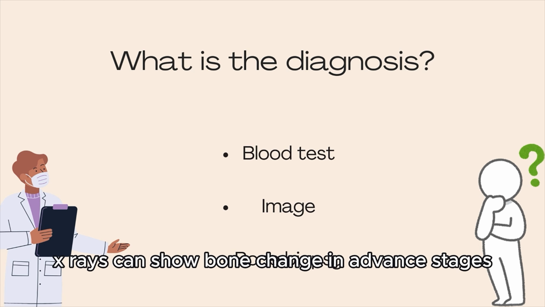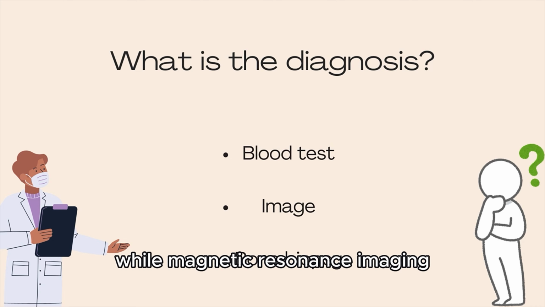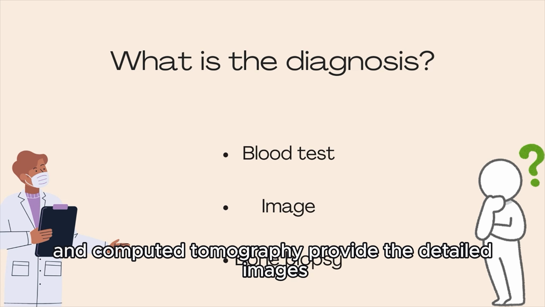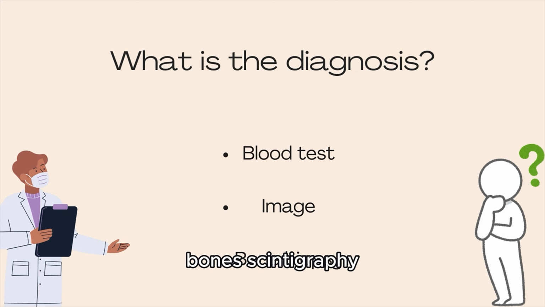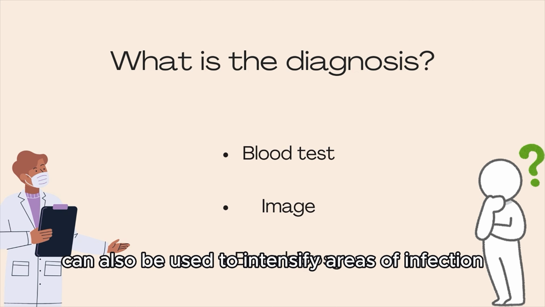X-rays can show bone changes in advanced stages, while magnetic resonance imaging and computed tomography provide detailed images, detecting the infection earlier. Bone scintigraphy can also be used to identify areas of infection.